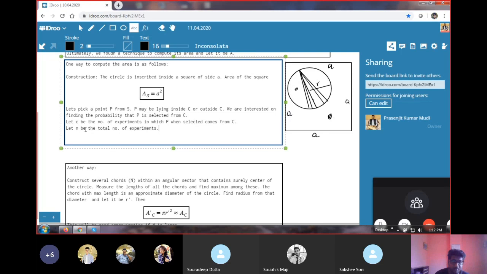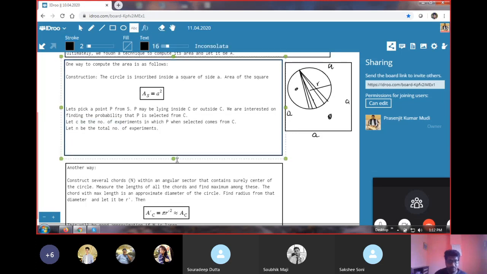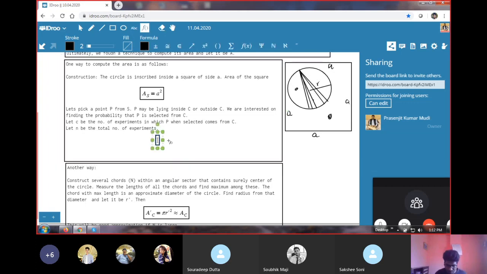So out of n experiments, in c experiments we found that P has been selected from the circle. So immediately I can say that the probability that P belongs to C is equal to c by n.